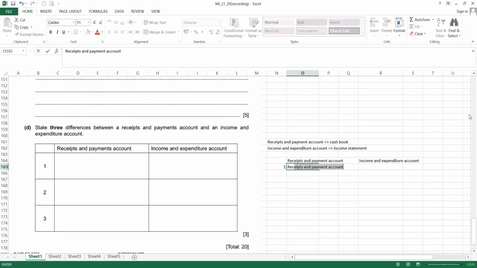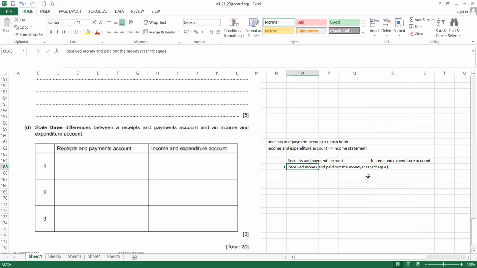Cash book is to receive money and pay out money, whether it's in cash or check.